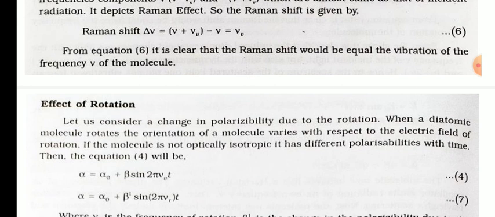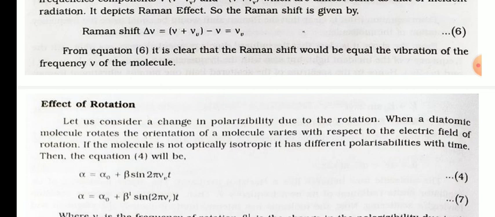Next, what is the effect of rotation? Because the molecules are rotating, the atoms of the molecule rotate about a fixed axis. Due to that rotation, there is a change in the polarizability of the molecule. So how does it change the polarizability, and what is the corresponding shift in the Raman lines that we can observe?